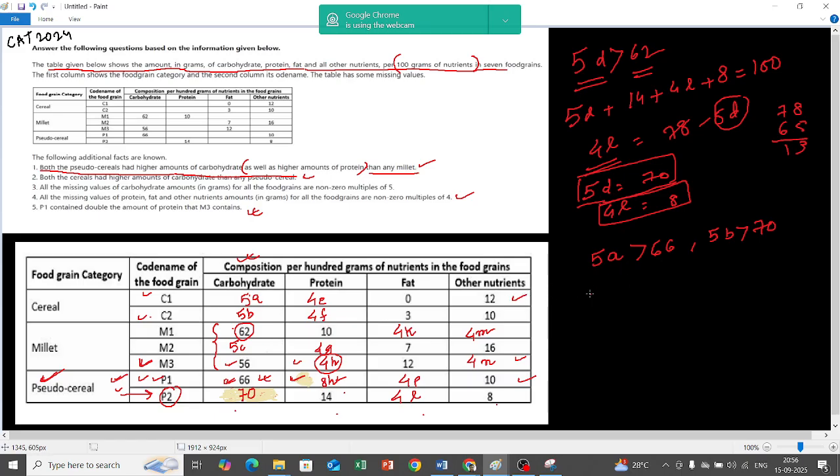Now let me take this one. So 5A plus 4E plus 0 plus 12 equals 100. So 4E is equal to 80 minus 5A, right? 80 minus 5A.